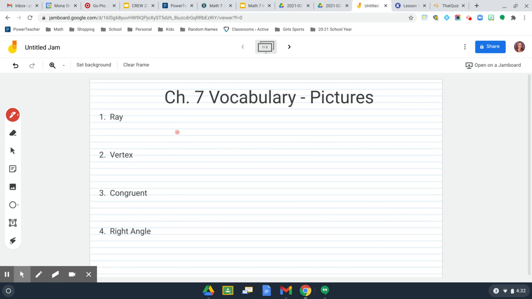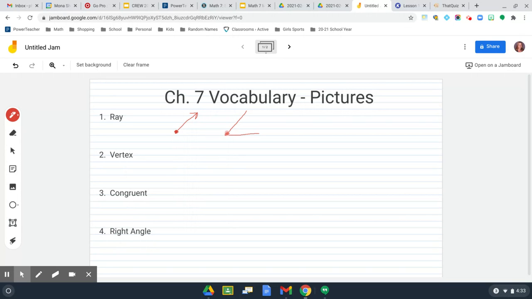I'm going to give you a couple of examples of what a ray looks like. I'm going to draw a dot here, and I'm going to draw a line. That is a ray, one example. We'll talk about what that dot is in just a few minutes. Another picture I could draw for you is an angle.